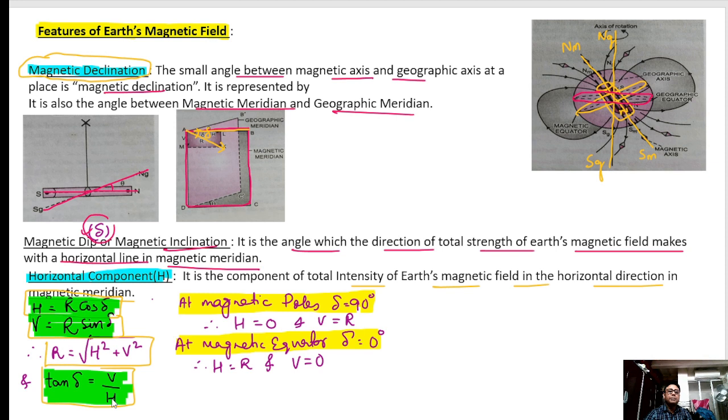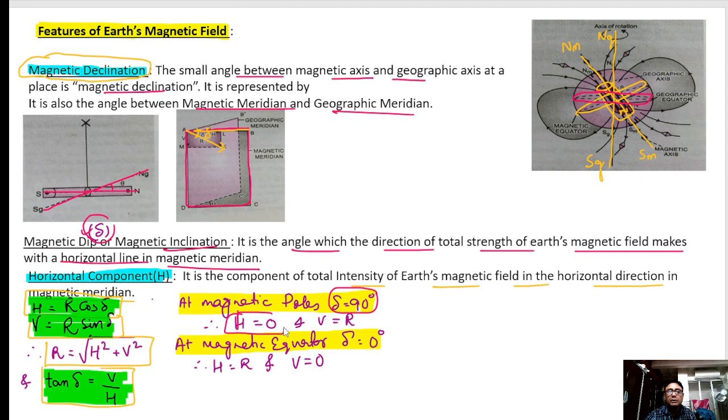This is the magnetic dip. Please remember one thing: at the magnetic poles, as you are already seeing here, the angle of dip will be 90 degrees. So the horizontal component will not be there.